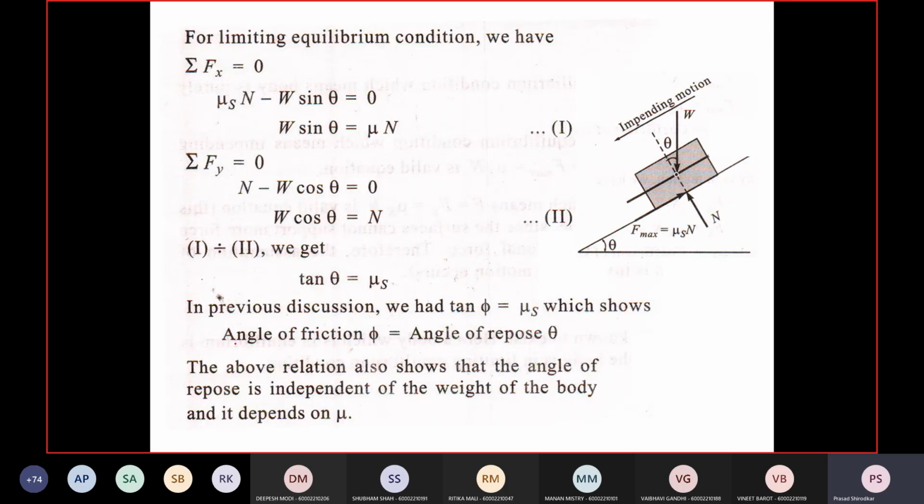From this relation we can also see that the angle of repose is independent of the weight of the body. It only depends upon the interaction between the two surfaces which are in relative motion to each other.